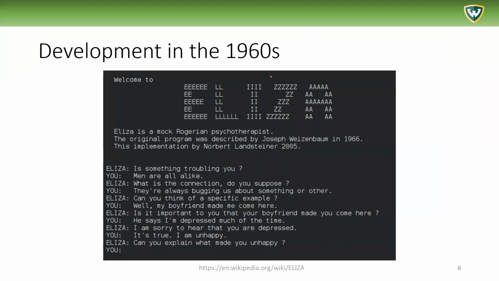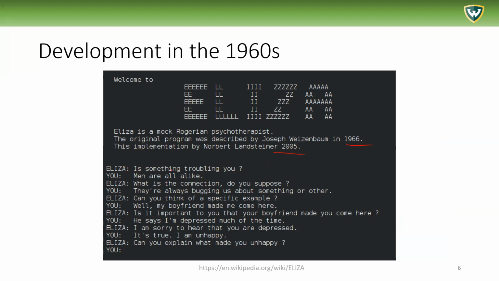Just to continue a little bit with the history, an interesting development was ELIZA. ELIZA is actually a computer program that emulates or simulates questions of a psychotherapist. And the original program was described by Joseph Weizenbaum in 1960. But then I think this implementation here is from an update in 2005. So for example, ELIZA would start with some initial start phrases. Is something troubling you?